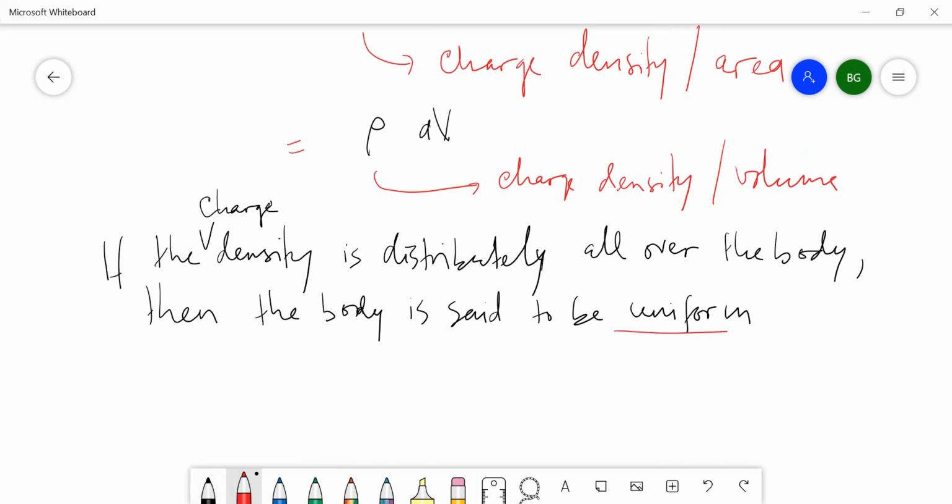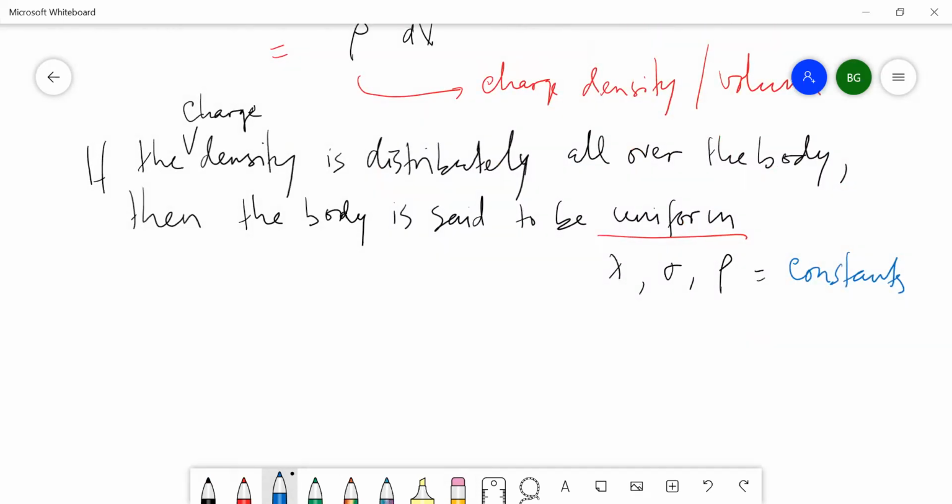What does it mean to be uniform? It means that lambda, sigma, and rho are constant. So we simplify the case. Mostly we will discuss this uniform case. So the body, whether box, sphere, rod, or disk, is uniform, which means the charge density is constant.